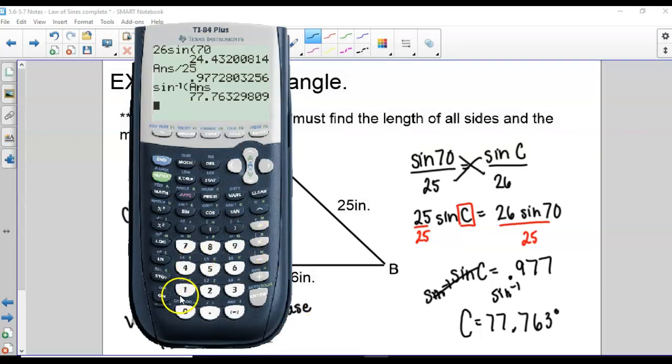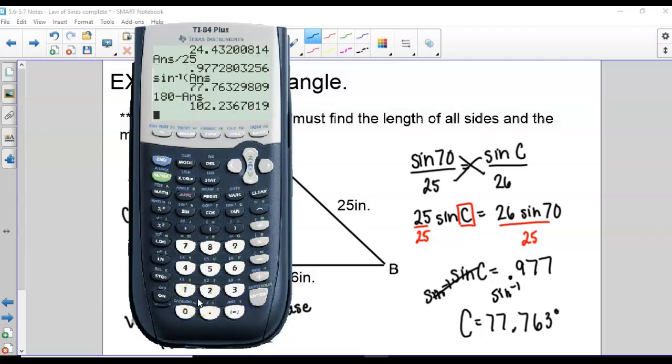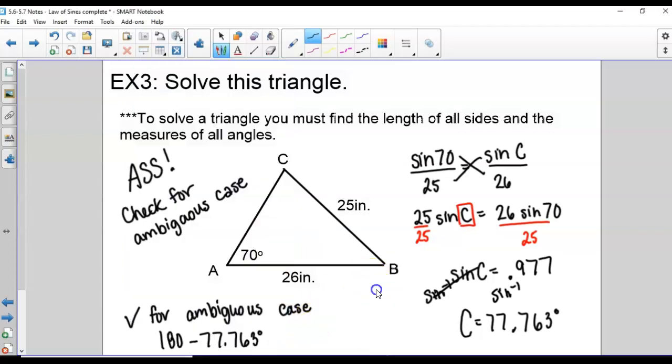So if we do 180 minus this answer, we get 102.237. Okay, so the first one that you get will always work. The second one, we're going to check, could this angle right here be 102.237?